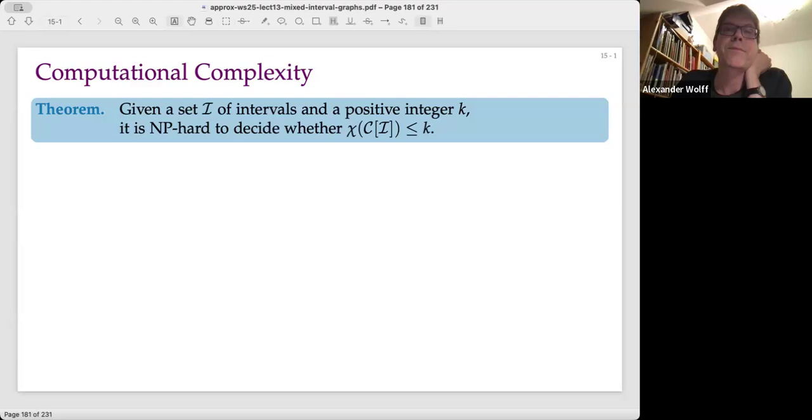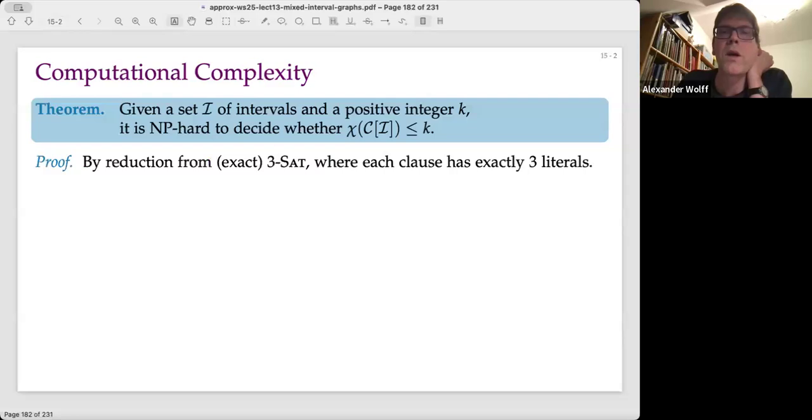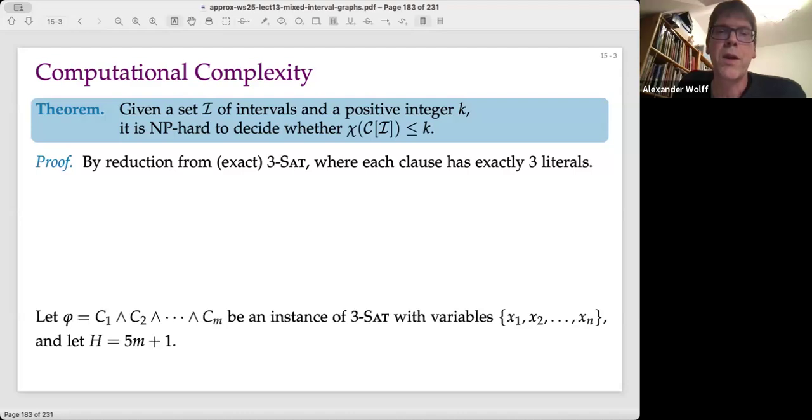Okay, so yeah, it's NP-hard to decide whether the chromatic number of this containment interval graph is bounded by a given integer k. And our reduction is from exact 3-SAT, meaning that every clause has exactly 3 literals.